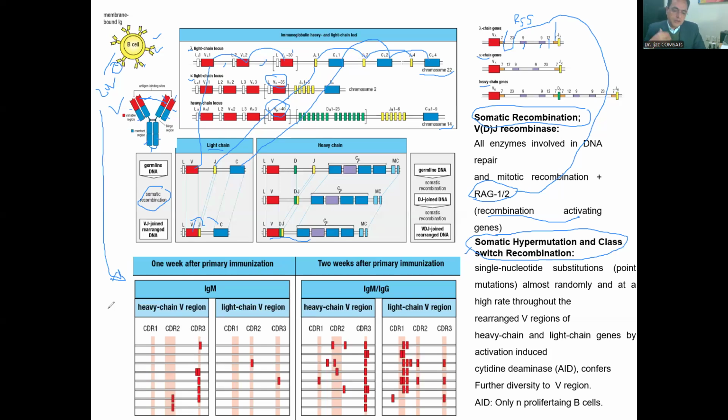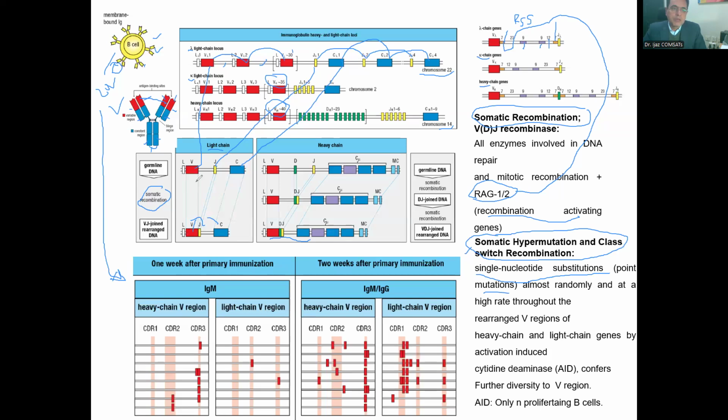And this process of refinement is accomplished with the help of single nucleotide substitutions, or point mutations, that are almost randomly incorporated in the antibody encoding genes during this process, the genetic rearrangement that was happening before.